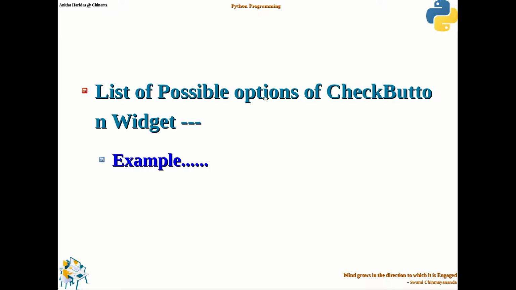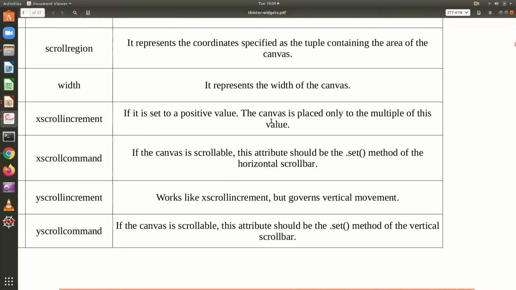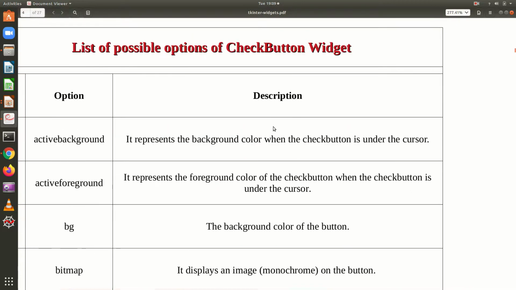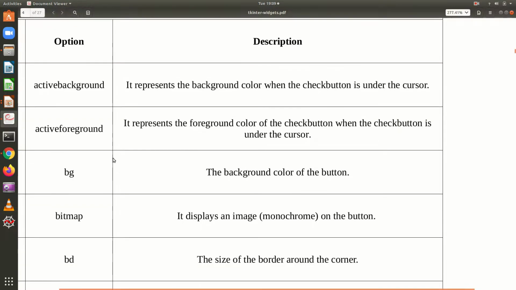Before that, what are the list of possible options of the check button? These are the list of possible options of the check button widget. You can have active background color, active foreground color. So when you keep the check button under the cursor, you can change the background or foreground color.